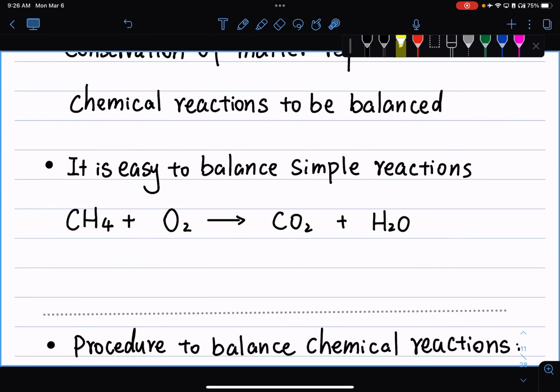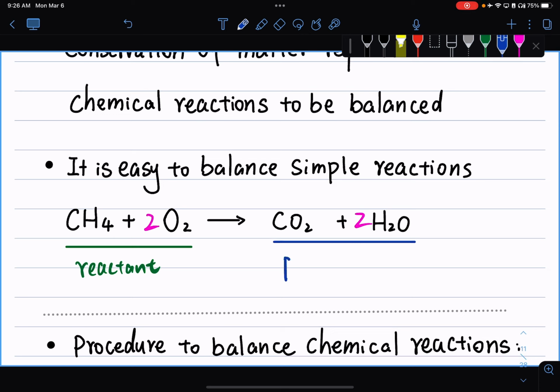It's relatively easy to write a simple chemical reaction. You can just look at this reaction and say, hey, we start from methane burning in oxygen, and we're getting CO2 and H2O. We don't have enough oxygen here, so we need a 2 and 2 in between. On the left-hand side, that's our reactant, and on the right-hand side, that's our product.